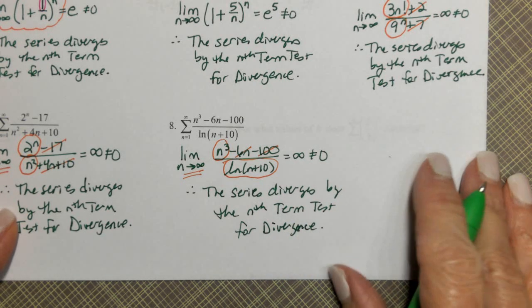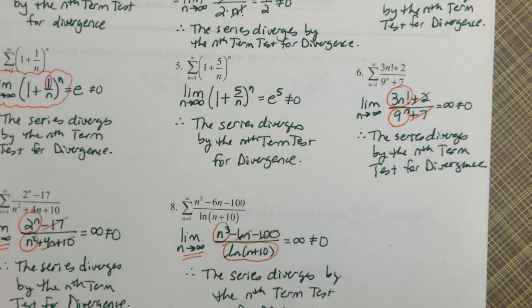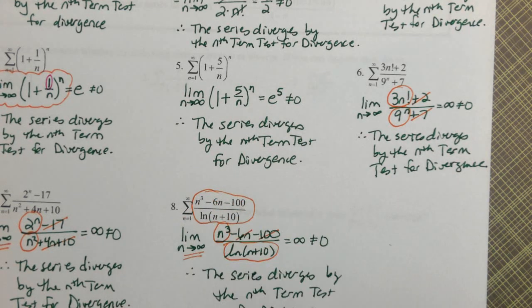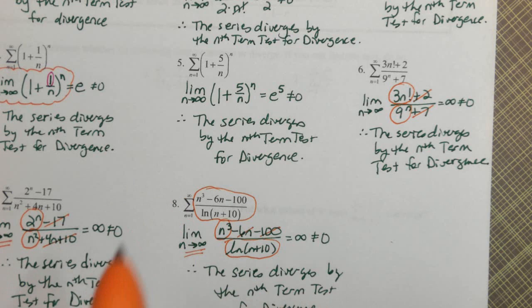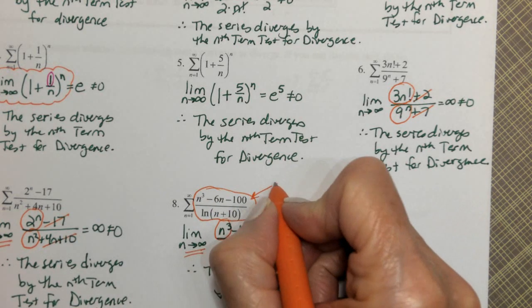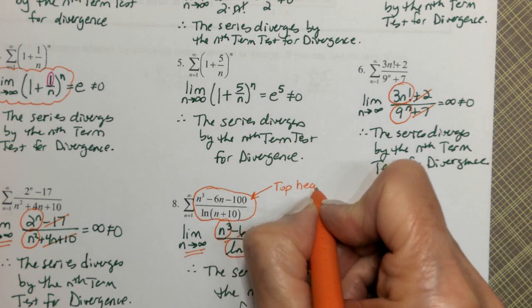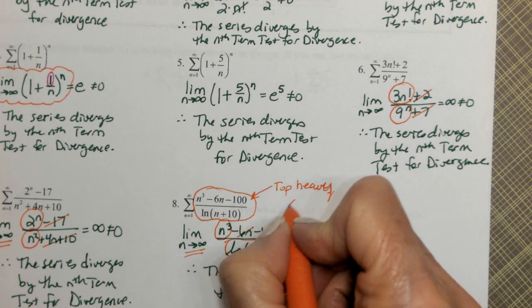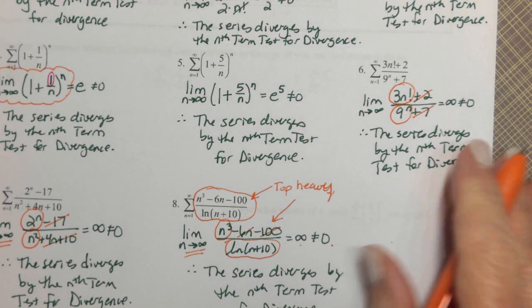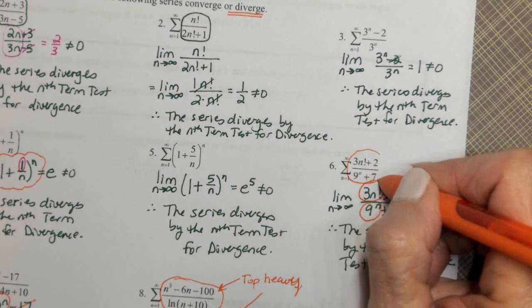Okay, so nth term test, what you want to look at to use the nth term test. In your expression, you want to glance at it and ask yourself, is there more power on top than on the bottom? Is it top heavy? Top heavy means you can use the nth term test for divergence because that limit will not be 0. Look at your a sub n.